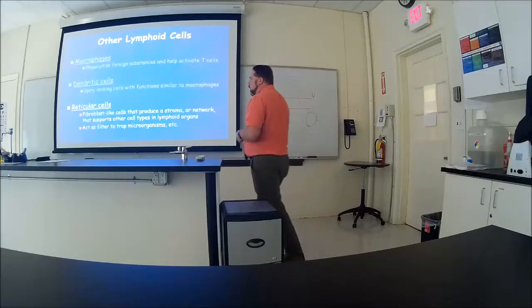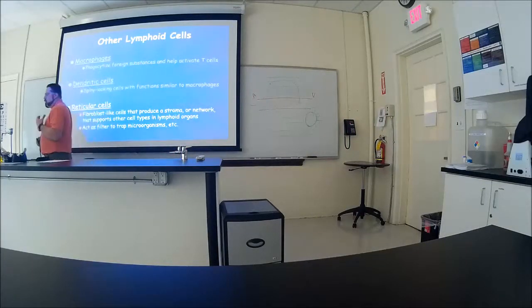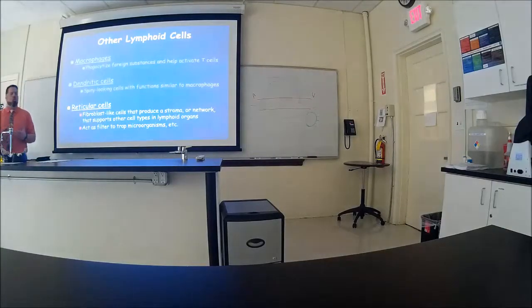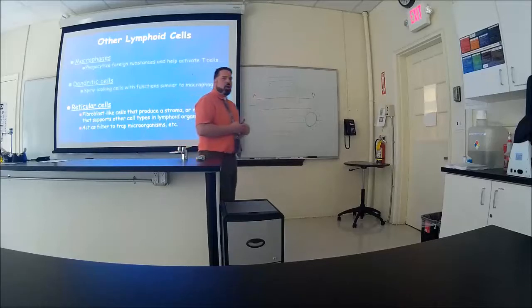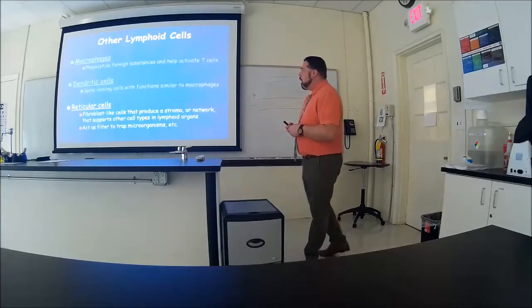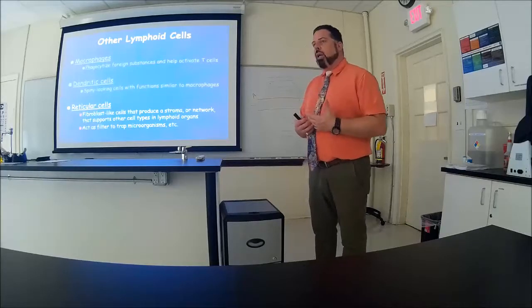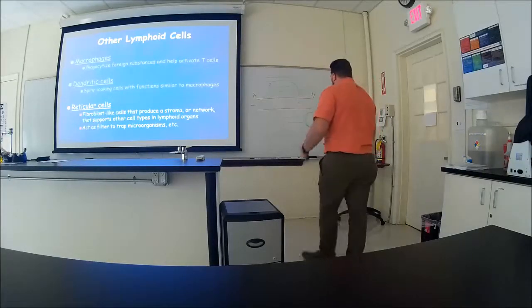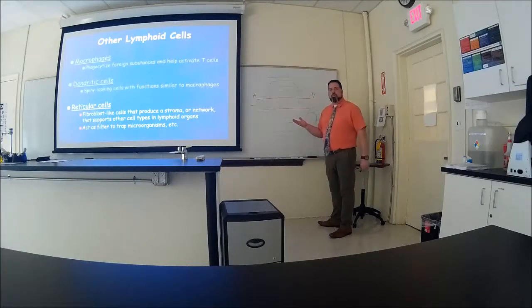Okay? We also have reticular cells, and these are fibroblast-like cells that produce the stroma, the architecture that is found in the lymphoid organs. And they kind of act like a filter to trap the microorganisms. It's kind of like a web, right?